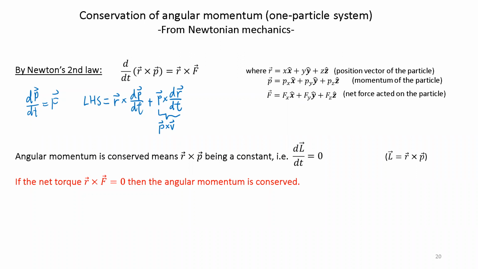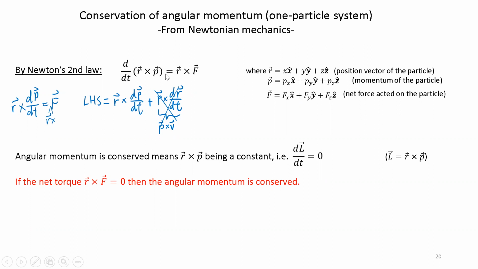But p is m times v by itself, so the p cross v, of course, is just 0. Then the left hand side is r cross dp/dt, and the right hand side is r cross F. So you realize that it can be obtained by just taking the original version of Newton's second law and doing a cross product with the r vector on both sides.